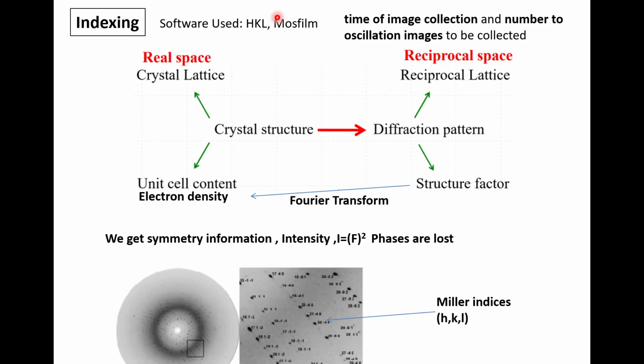For a particular crystal there is some kind of system. Space groups and point groups make your asymmetric unit, and that asymmetric unit makes your unit cell. The shape of your unit cell is important to determine in which lattice system your crystal is present.